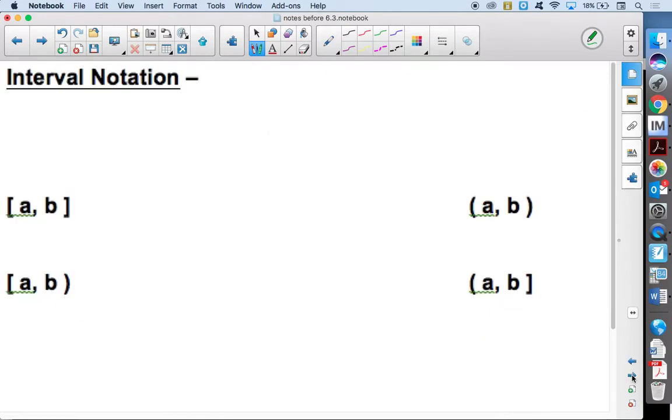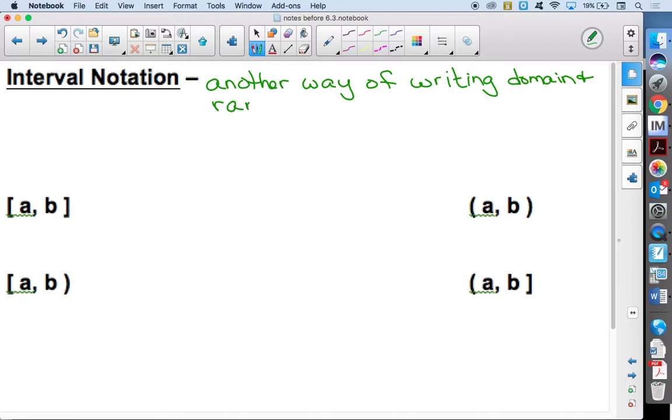Interval notation is just another way of writing domain and range, but without the inequalities. And I actually think it's easier.